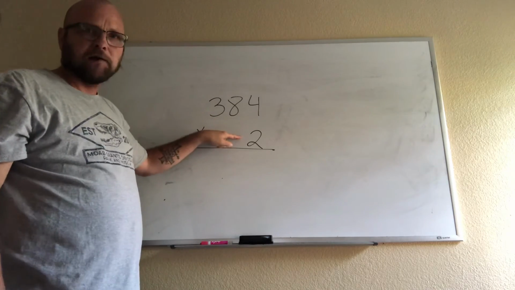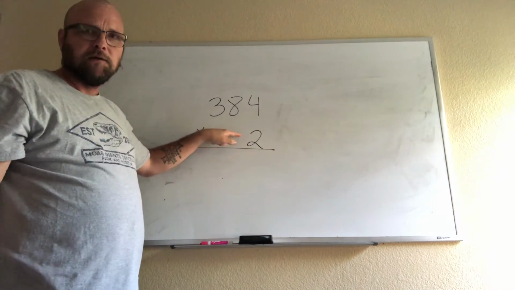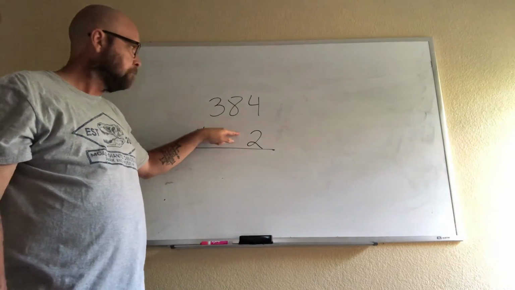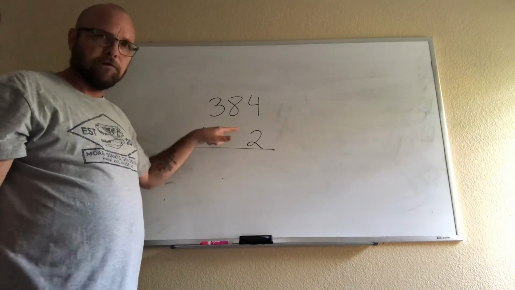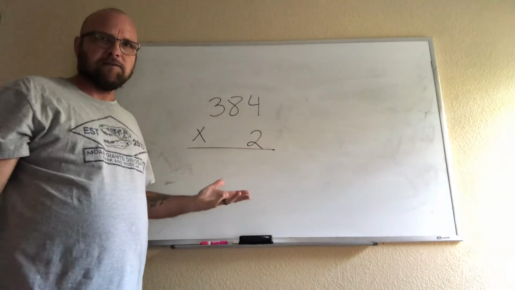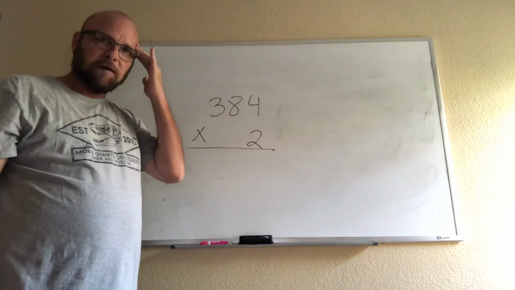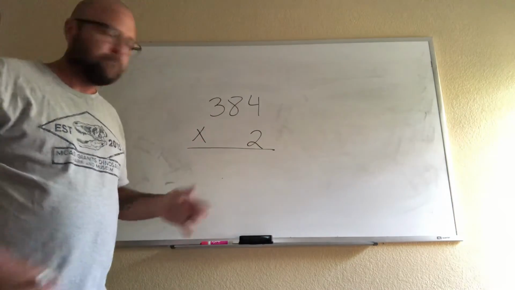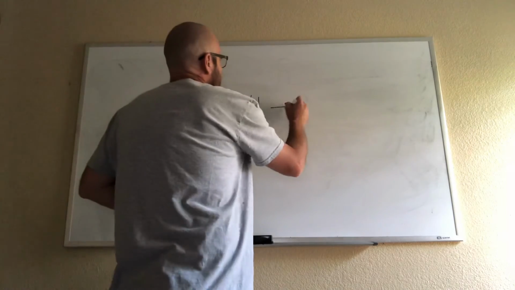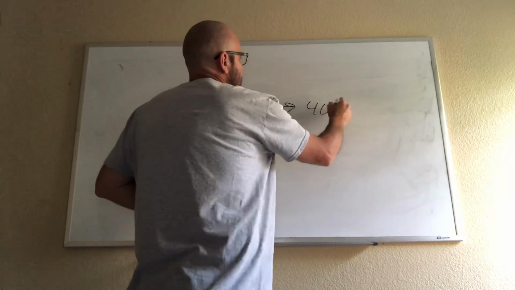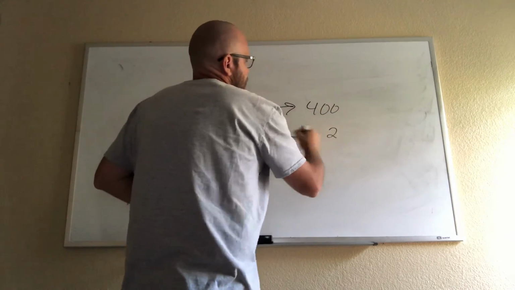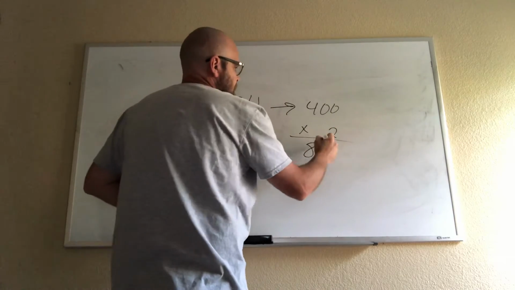My smaller factor, the one with the least digits, is going to be the bottom factor. First thing I do is make an estimate of it so that in my mind it's easier to do. So I can make 384 to 400. 400 times 2 is easy, that's 800.